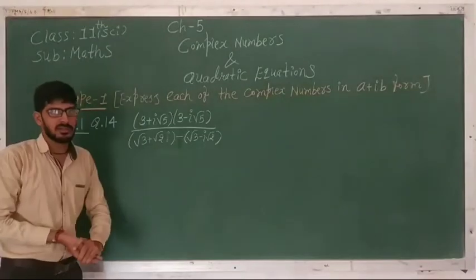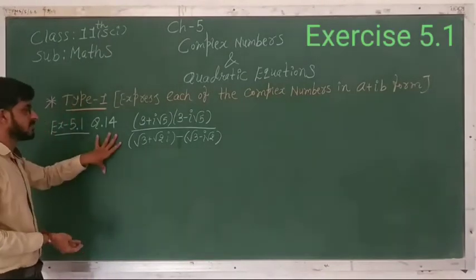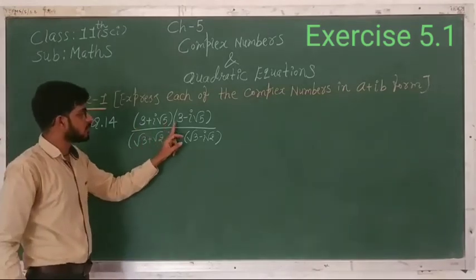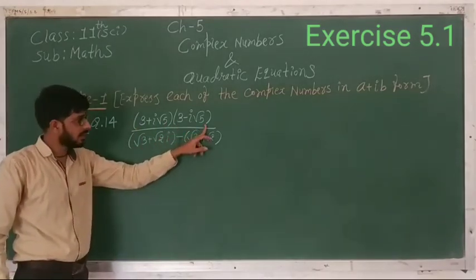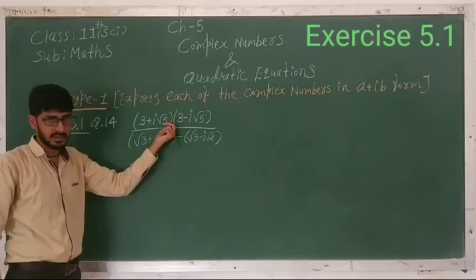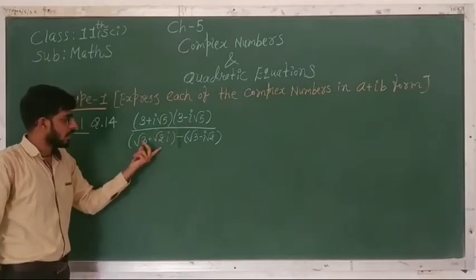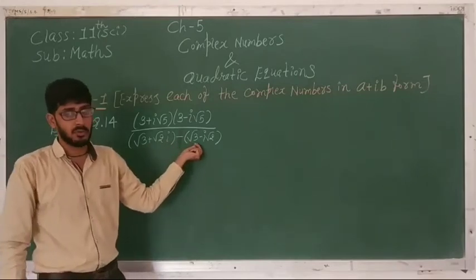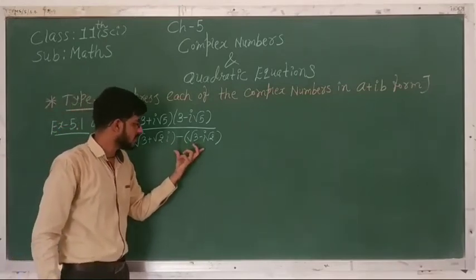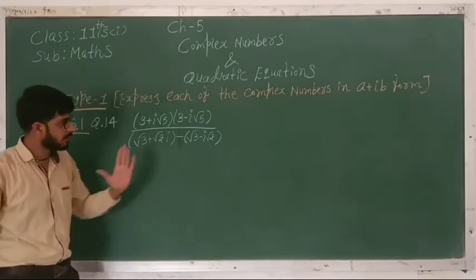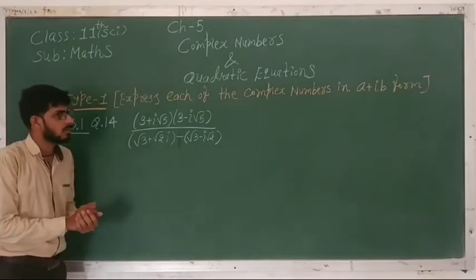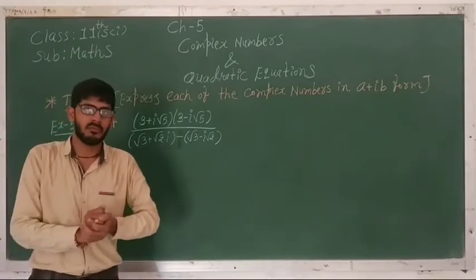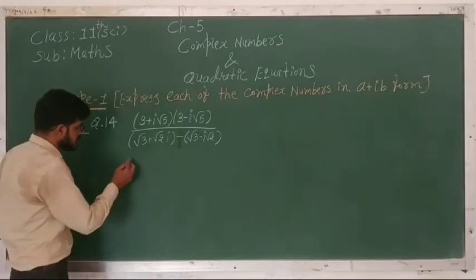Next, question number 14 of exercise 5.1 is 3 plus i root 5 into 3 minus i root 5. Keep in mind here the relation is multiplication, and upon root 3 plus root 2i minus root 3 minus i root 2. So here the relation is subtraction. Keep in mind how to express in a plus ib form. It's a very easy question.